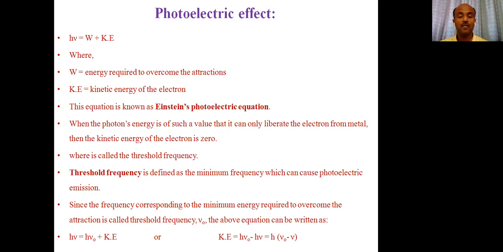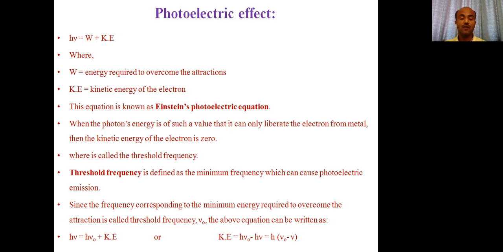When the photon's energy is of such a value that it can only liberate the electron from the metal, then the kinetic energy of the electron is zero. Here nu zero is called the threshold frequency. So threshold frequency is defined as the minimum frequency which can be used to produce the photoelectric effect.